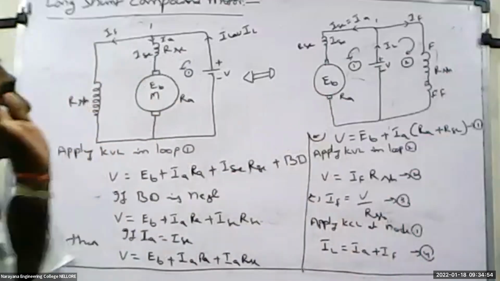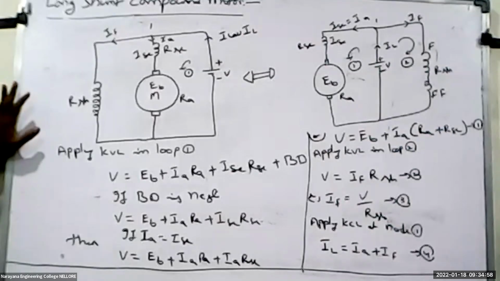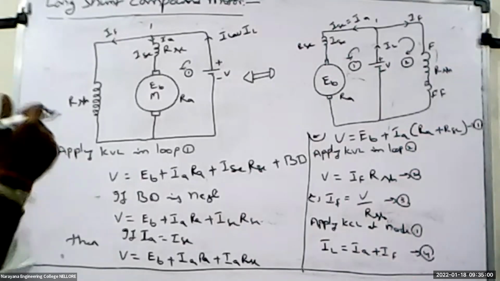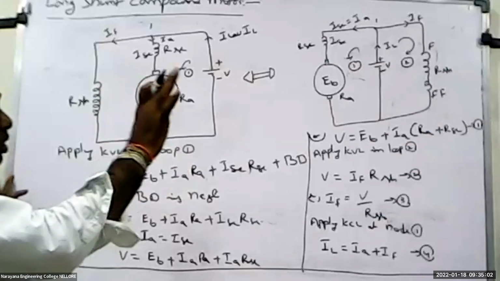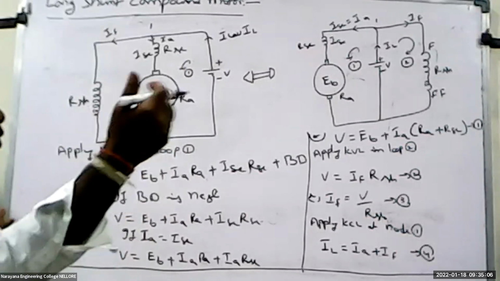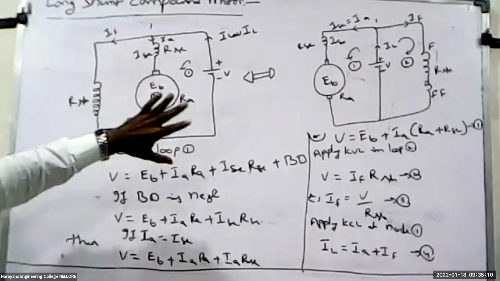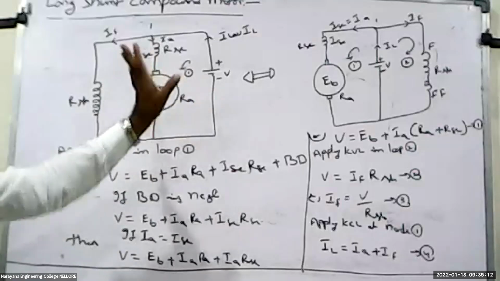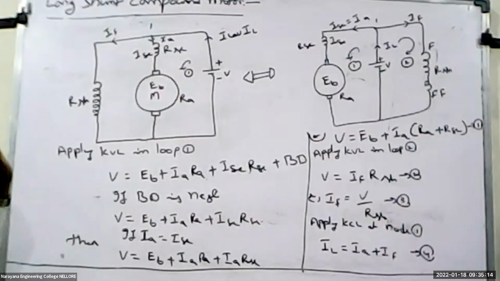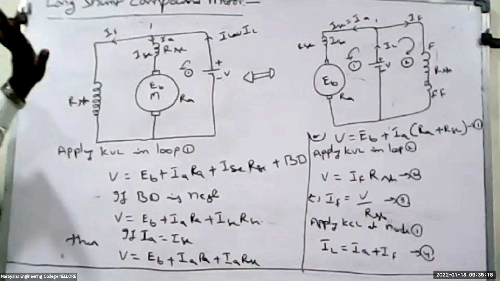Remaining all equations are the same. Suppose if you want to go for the generator, we are well known about the previous one, we have to modify them for generators. Okay, this is for the long shunt compound motor.